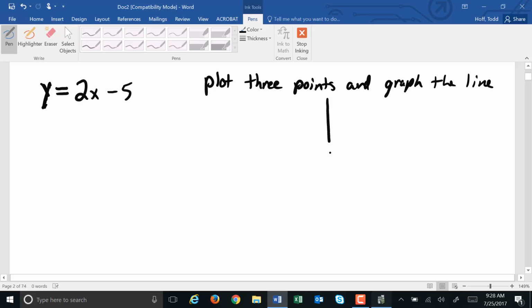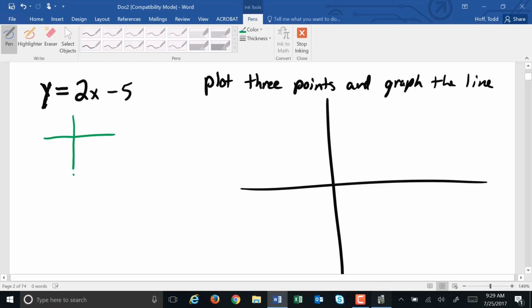So that's different than what we've done. So far, we've just been looking at the equation. This one would start at negative 5 and then go up 2 over 1, right? But here it's asking us to plot 3 ordered pairs. To plot 3 ordered pairs, that's going back to just making a basic table. And we're going to pick values for x.